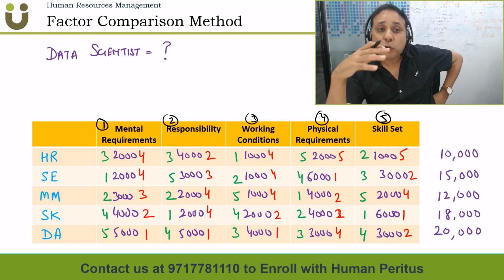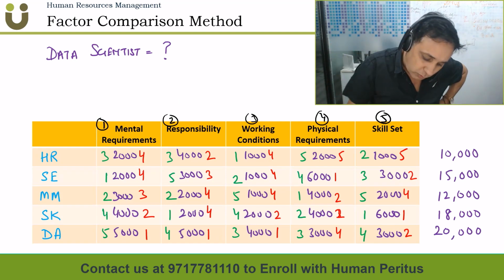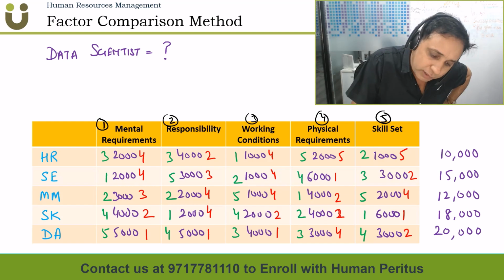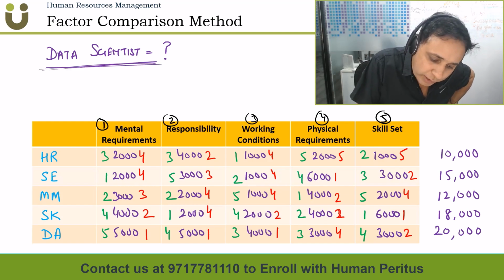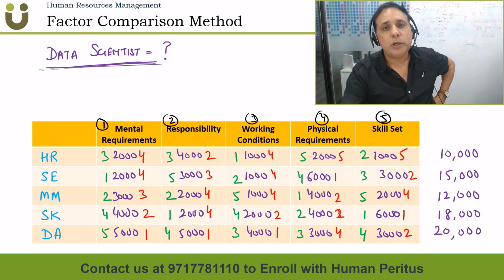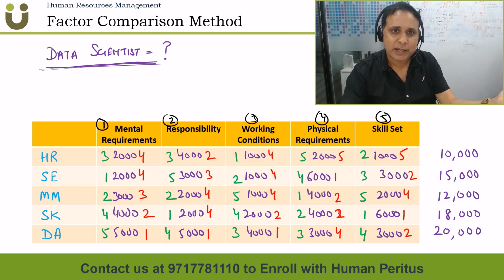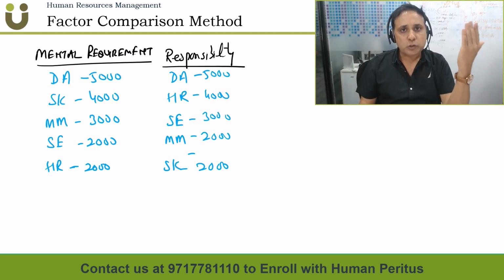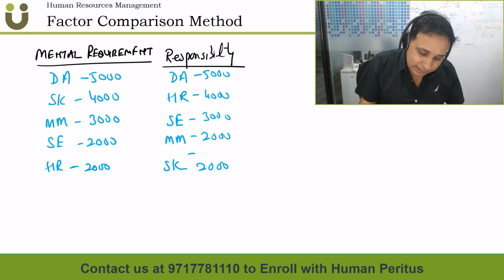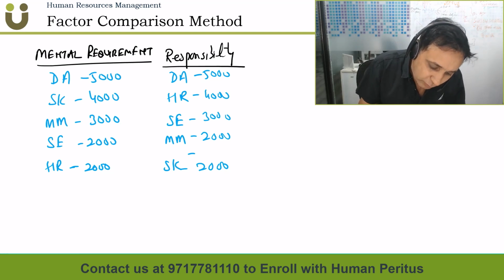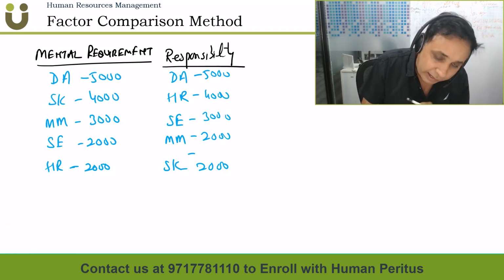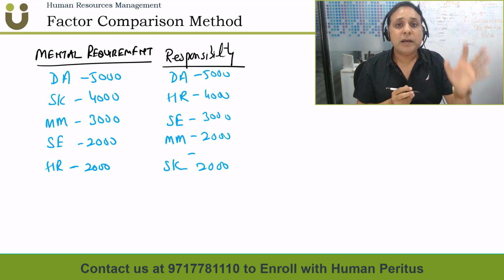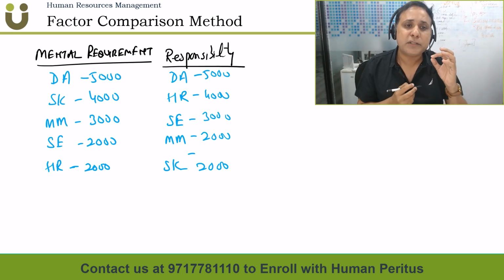So what was our objective? Our objective was to evaluate the data scientist. So I look at the job description of the data scientist. I already know the job descriptions of these five jobs, so I try to see where the data scientist fits in.